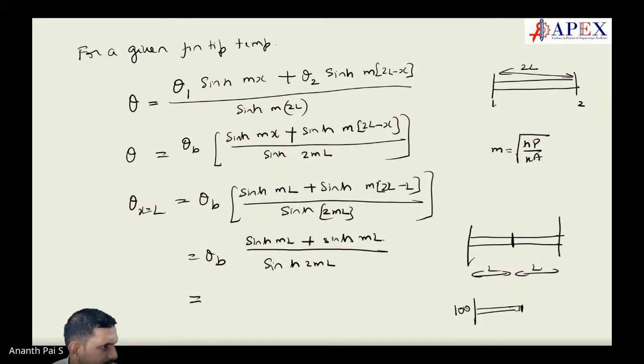It's 50. There, sinh ml and all those things, you can convert into e power x minus e power minus x also. So 2 by the whole term is minus 2 by e square, so the answer will be 56, not 55.